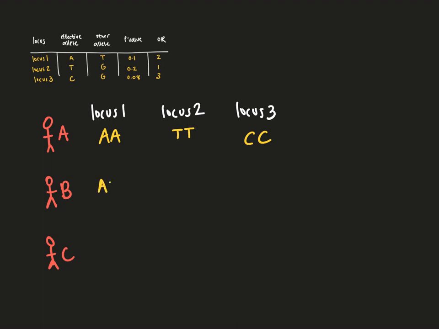We find that they are heterozygous at every position. And individual C, we genotype them and find that they are homozygous for the other allele at every position. So TT, GG, and GG. And remember, none of these loci are significantly associated with the trait of interest.